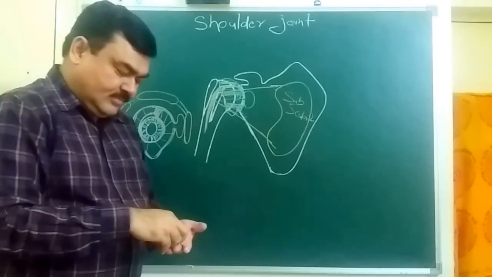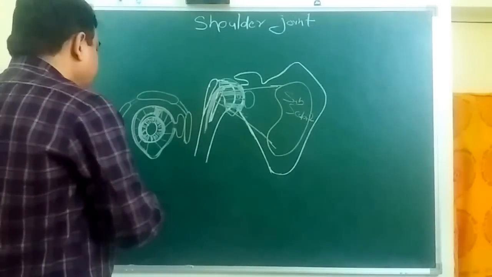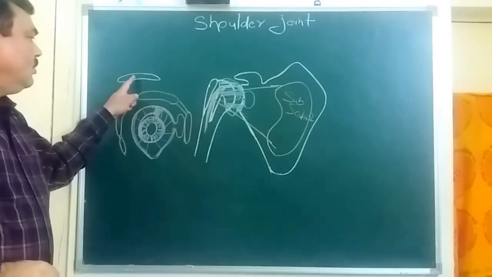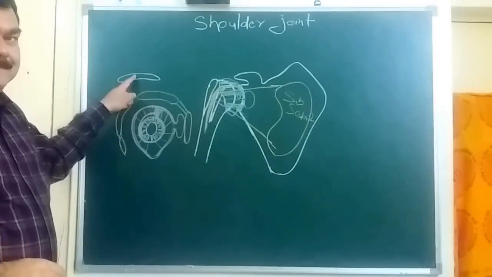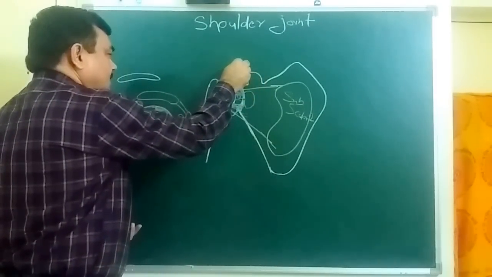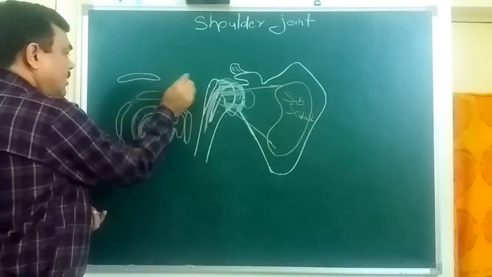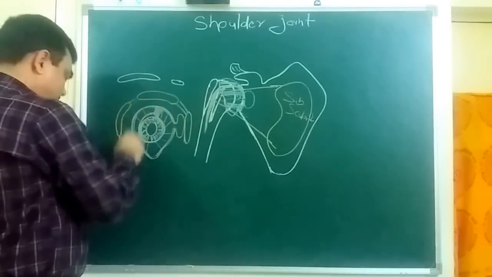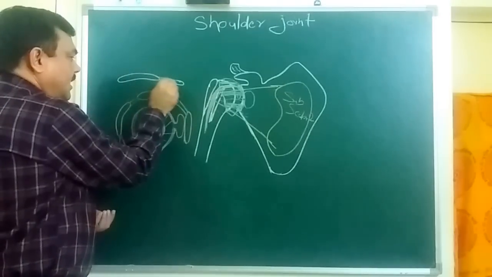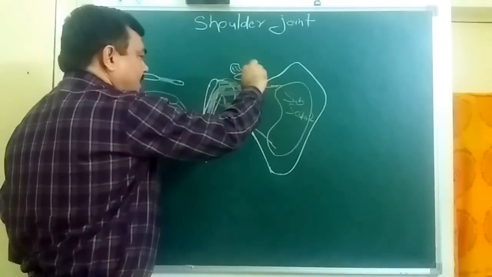Another mechanism which gives support to this: here is the acromial process, and here is the coracoid process. In between these two processes, there is the coracoacromial ligament.